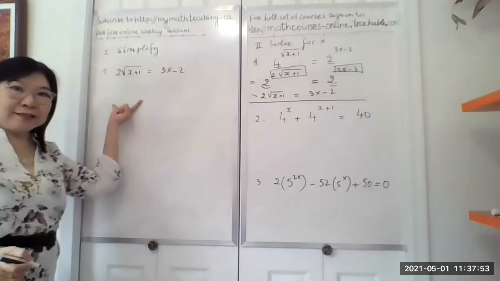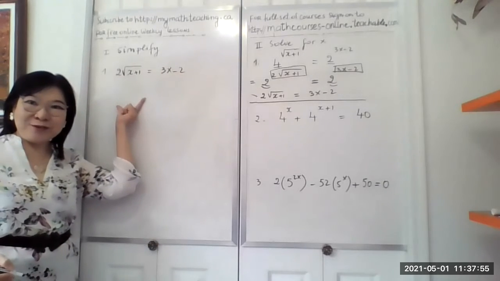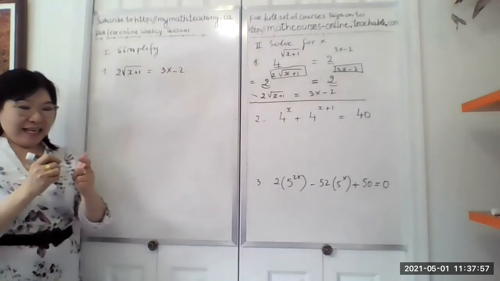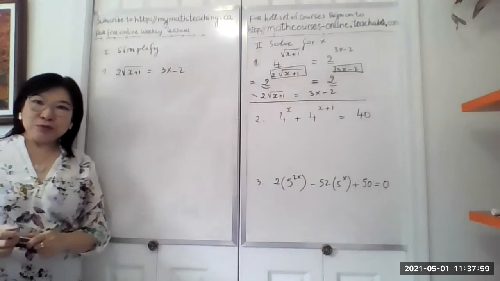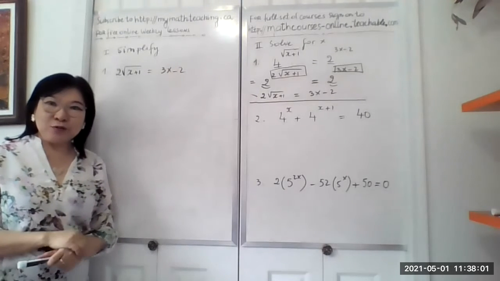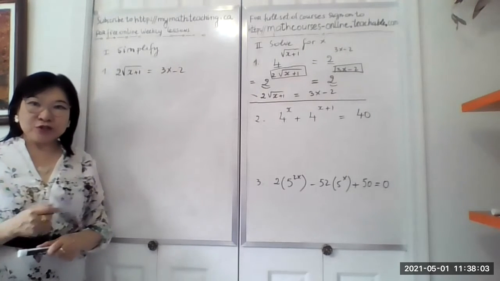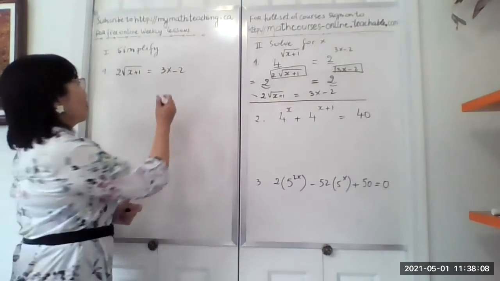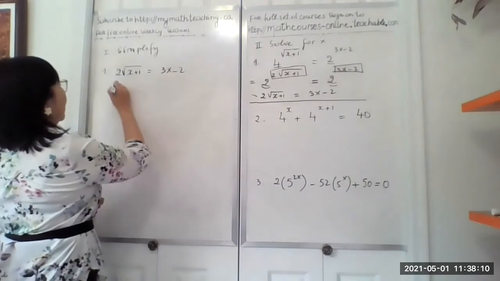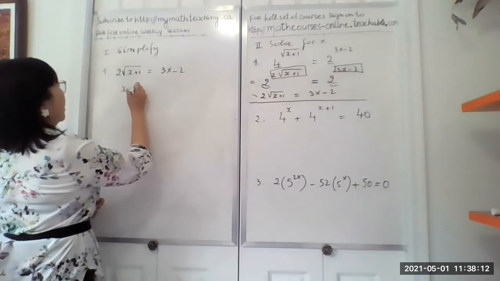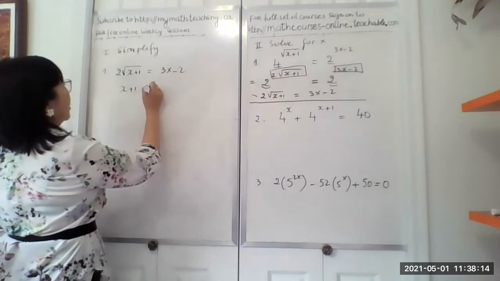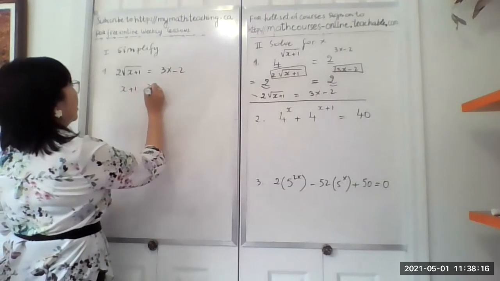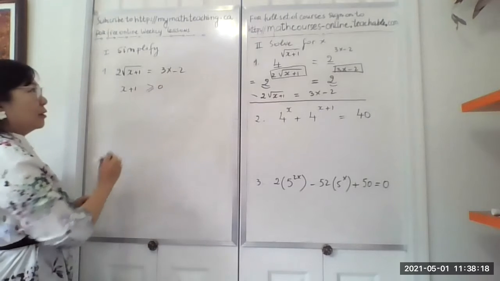Now you realize that this is solving a radical equation, right? And what do we do in the procedure of solving a radical equation? We have to restrict the number inside the radical, right? So I'm going to say x plus 1 has to be bigger or equal 0.